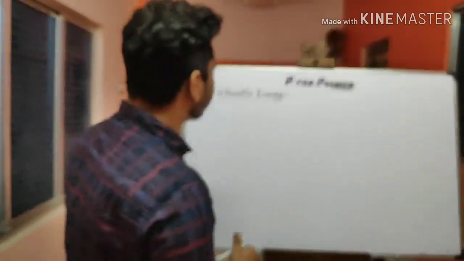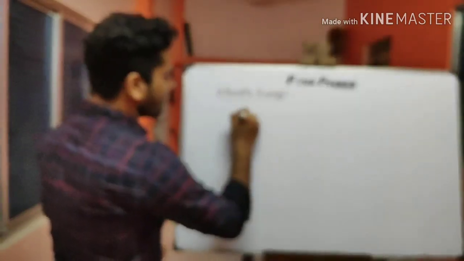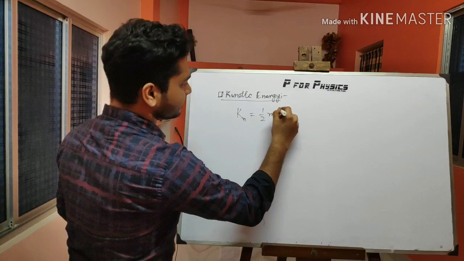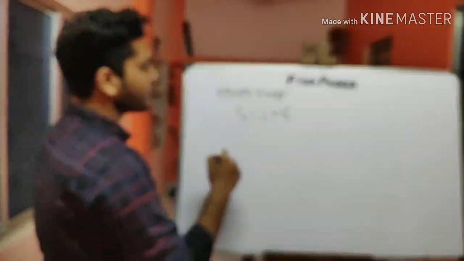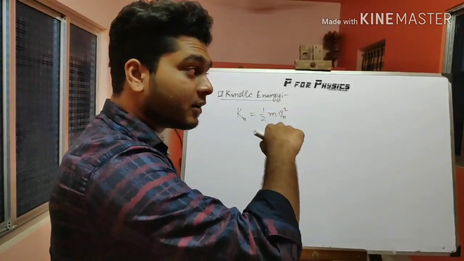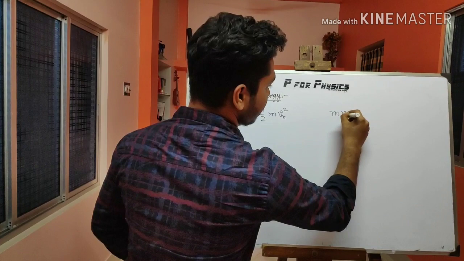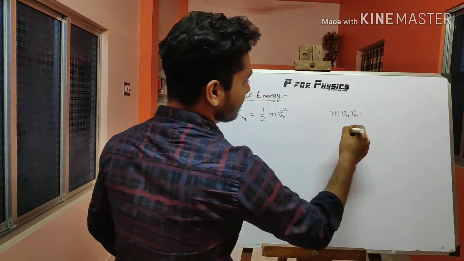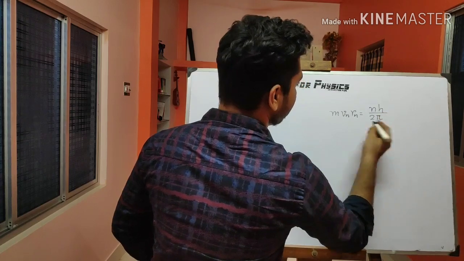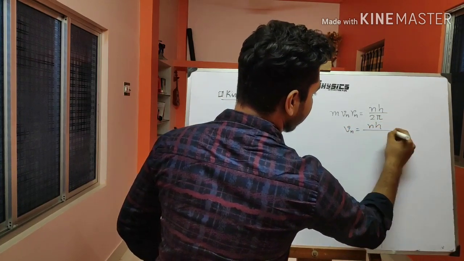Let's do it. You know the formula for kinetic energy is given by half mv square. Now we shall replace vn using Bohr's quantization rule, that is m vn Rn equals n h by 2 pi, the same thing we did earlier as well.